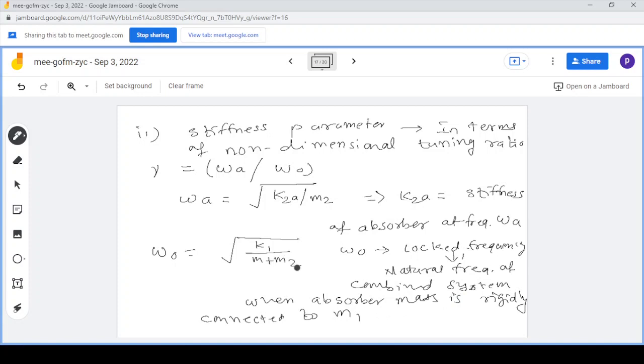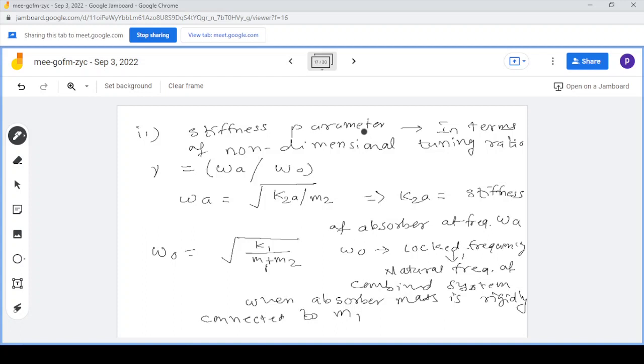So whenever M2 is rigidly connected to M1, what are we going to get? A decrease in the natural frequency, right? Because of rigidly attaching this mass M2 to M1.